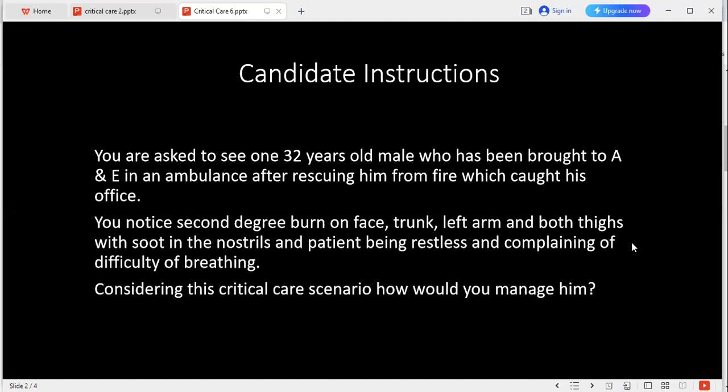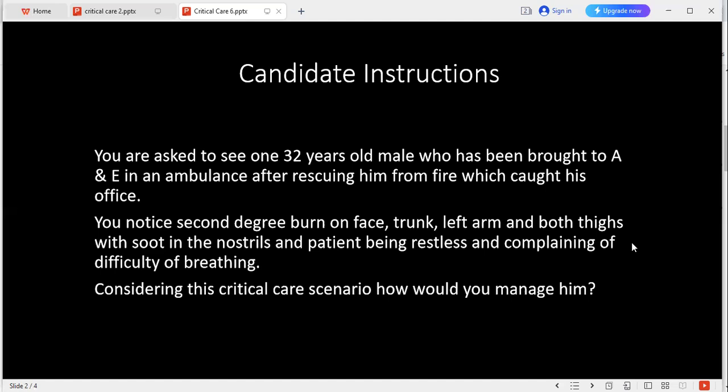It is almost around 60 to 65% burns. Which formula are you using to calculate the degree of burns? I'm using Wallace's rule of nines to calculate the burns.